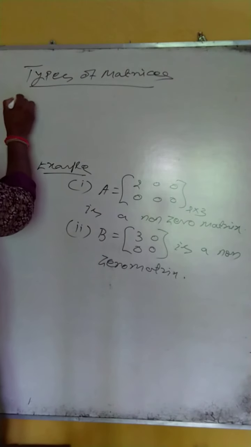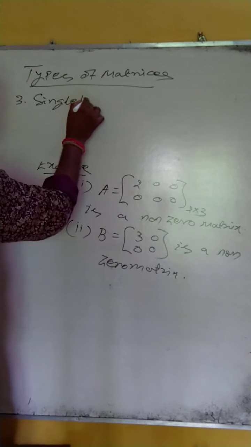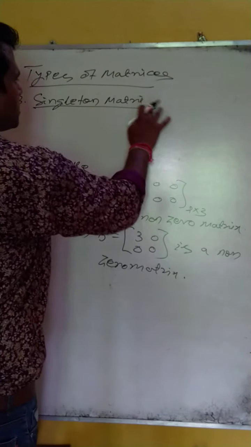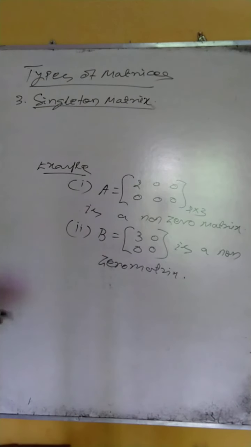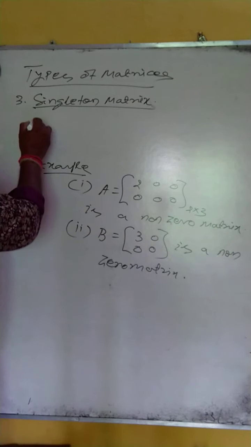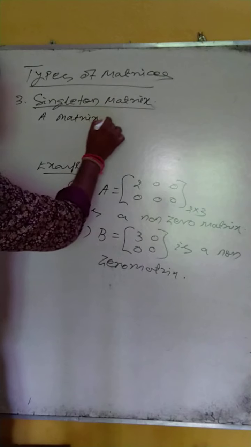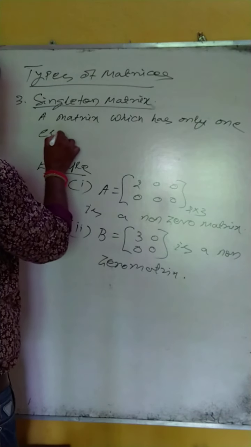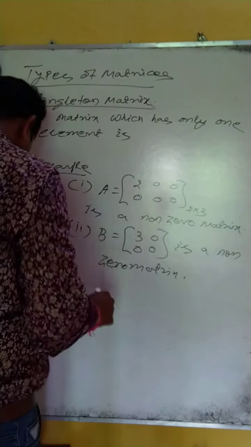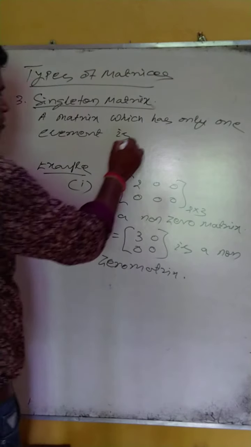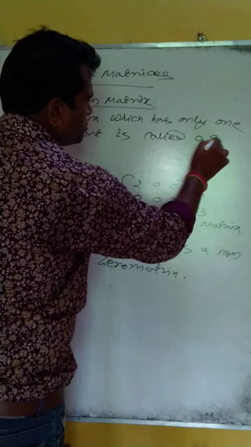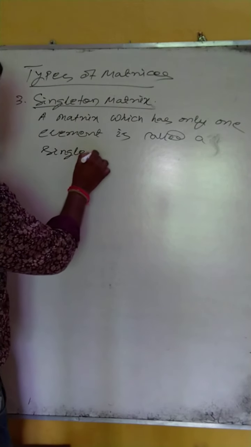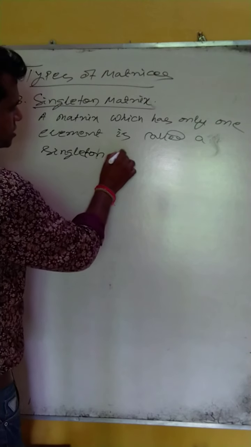Next, singleton matrix. A matrix which has only one element is called a singleton matrix.